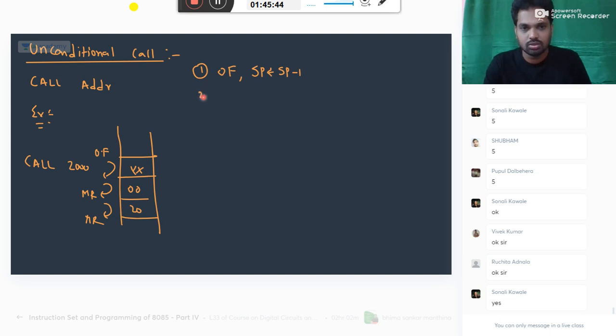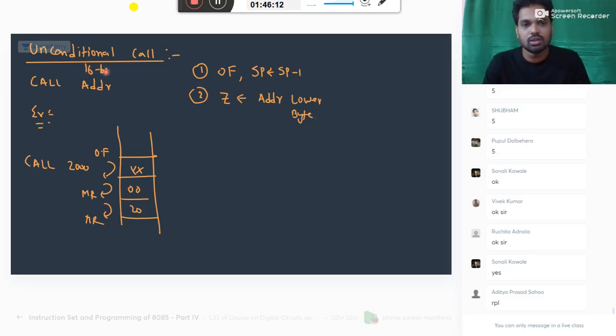Then your register pair, lower order, sorry, your Z is copied with not RP, but the address lower byte. That is a 16-bit address, and in that the lower byte is copied.